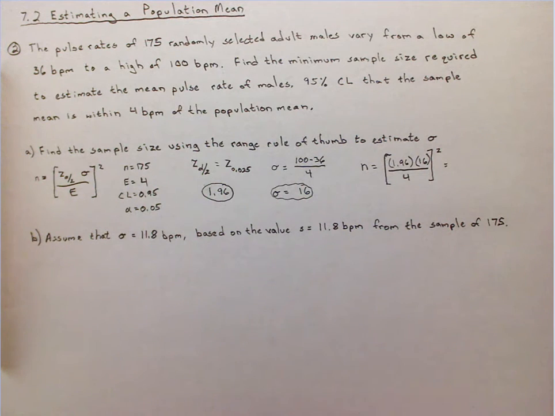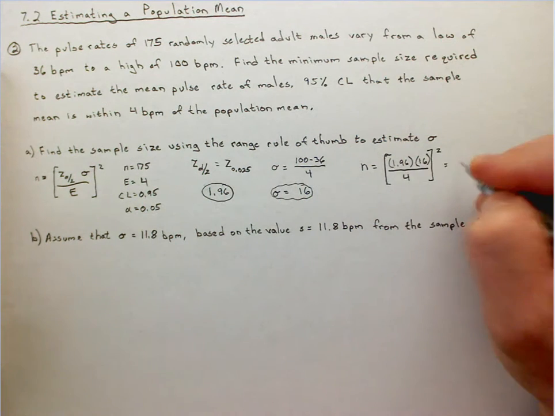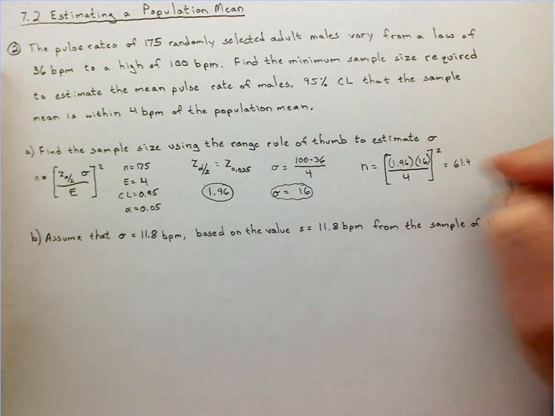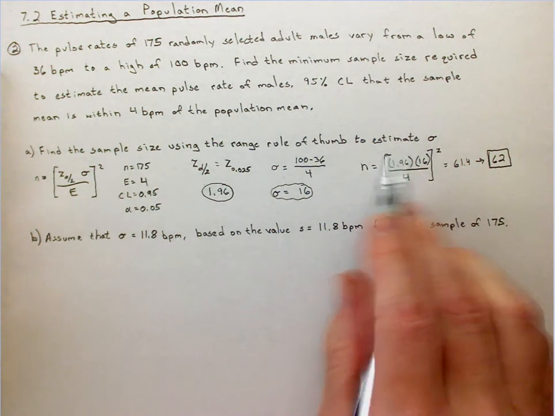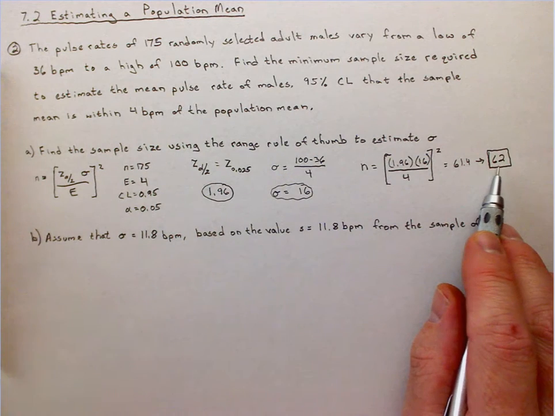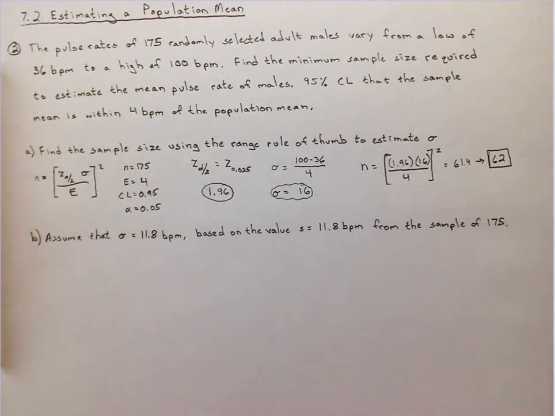So I end up with 61.4656. So 61.4, that's really all I need to see. So therefore I round up to 62. Err on the side of caution. So using the range rule of thumb, I need to have a sample size of 62 people.